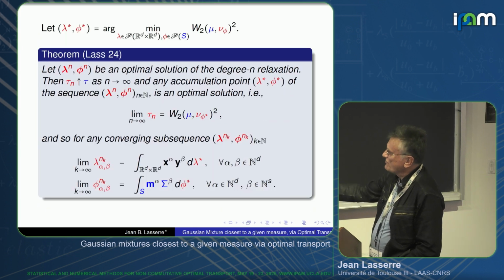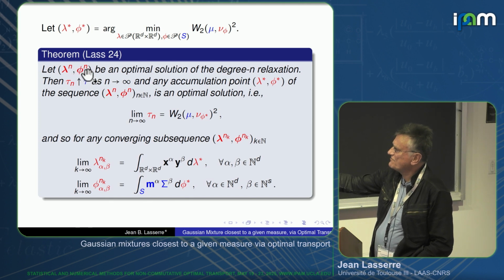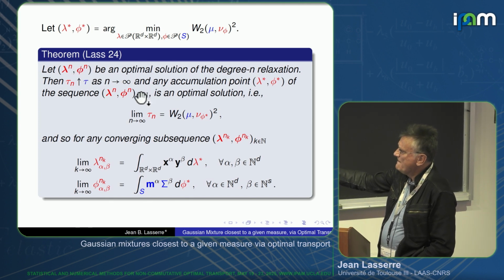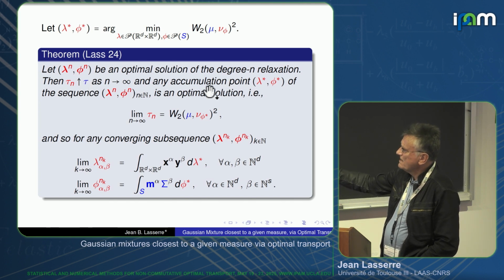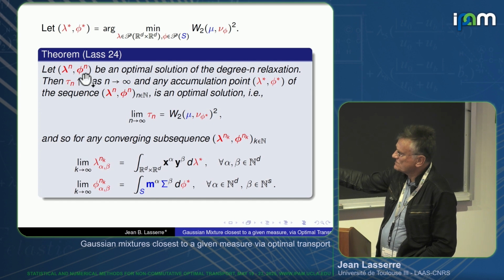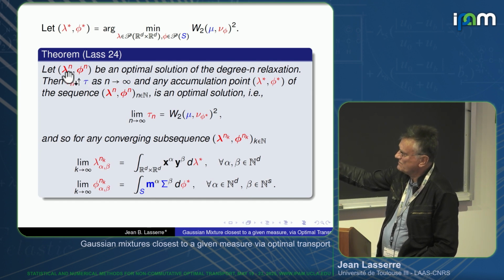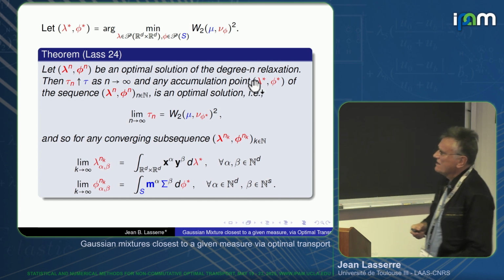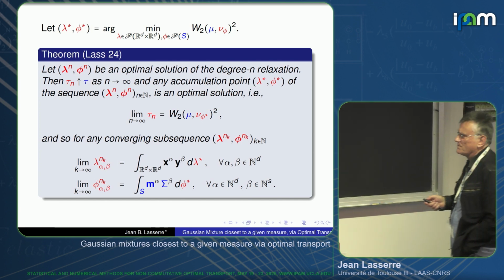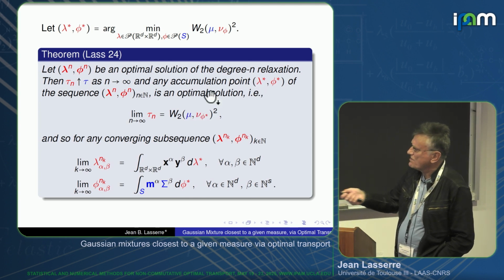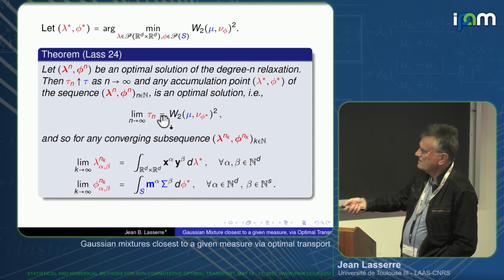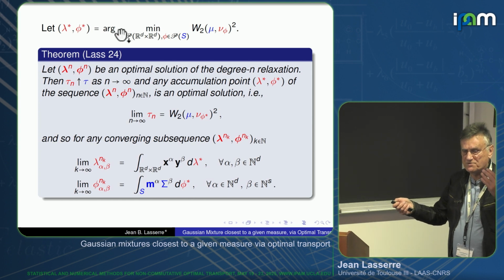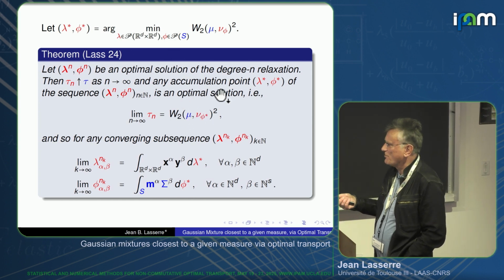So for every n, there is an optimal solution lambda n, phi n of the degree n relaxation, and when n goes to infinity, the optimal value of this relaxation goes to the distance you want to compute, and any accumulation point of these sequences, which are vectors of dimension degree 2n, is an optimal solution of the Wasserstein problem. That's why the solution is not unique in general. But every time you solve a sequence, up to a subsequence, you converge to an optimal solution of your problem.